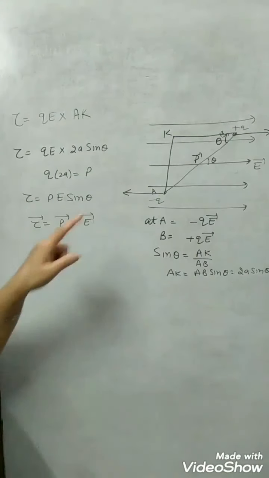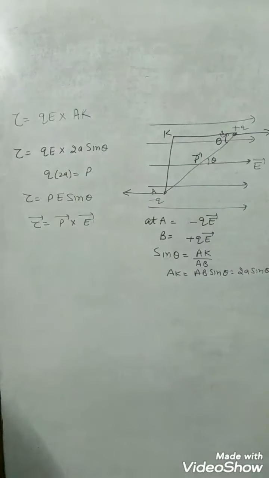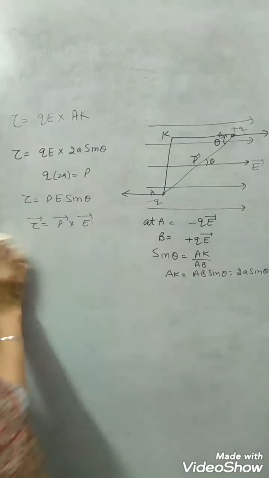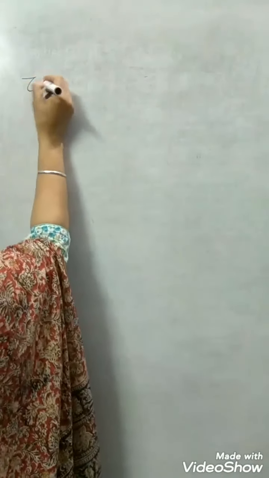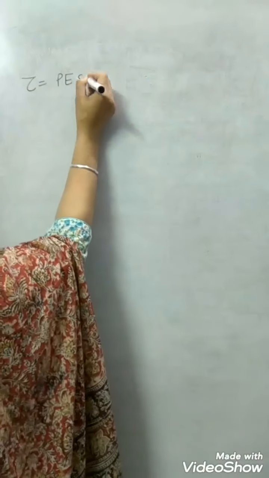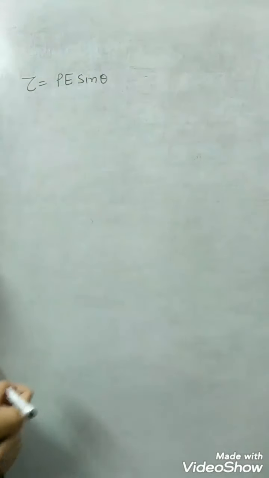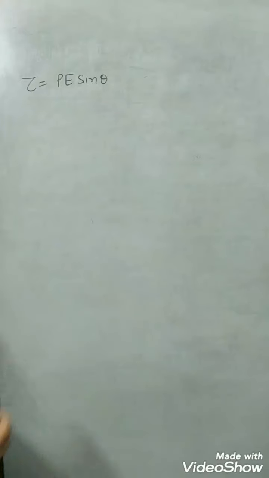And when it is placed in this uniform electric field, there is a potential energy of the dipole. Then how do we get this potential energy? To calculate it, we have, when the dipole is placed, the torque exerted is PE sine theta.